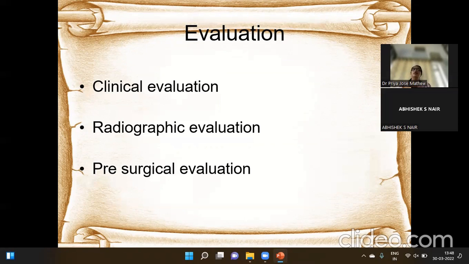Then any pathological defects present have to be checked during the radiographic evaluation, because after the crown lengthening procedure, pathological conditions can aggravate. Also, for the pre-surgical evaluation, we check the systemic condition of the patient, and all the routine steps that we have to follow for a surgical procedure have to be followed.